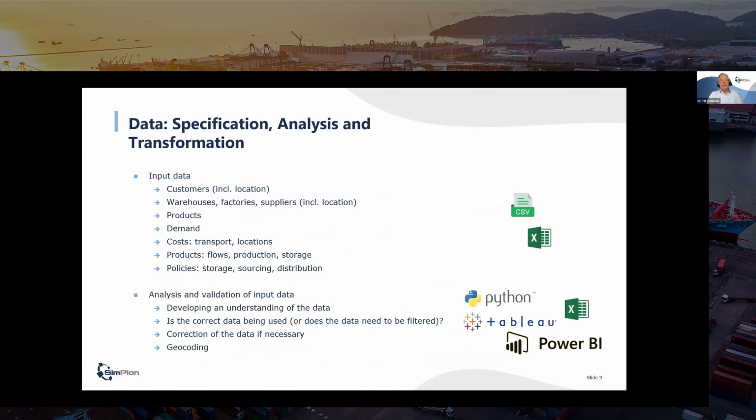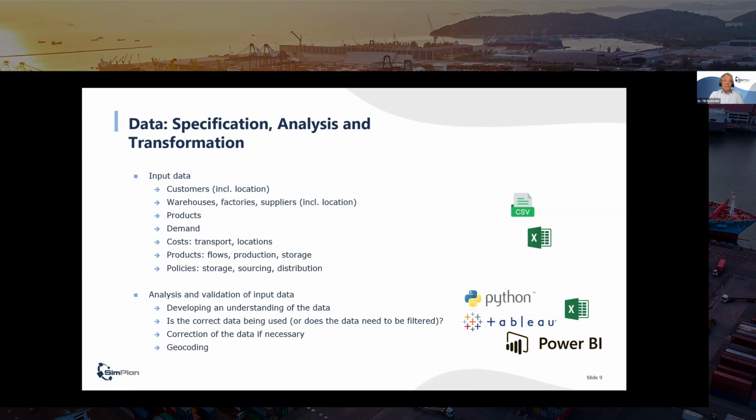Then we have the data analysis and data transformation phase. As you may remember from the diagram I initially showed, we need input data for our projects. We need customers and their location or their addresses, warehouses, factories, suppliers, for sure products, and the demand and cost information. And if we do a simulation, we also need storage, sourcing, or distribution policies.